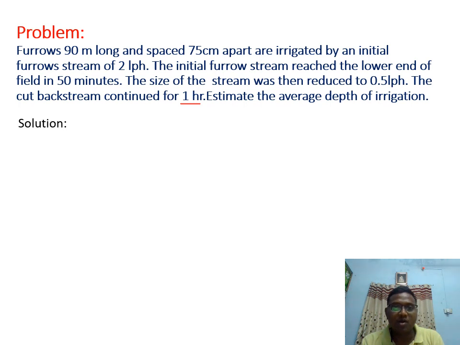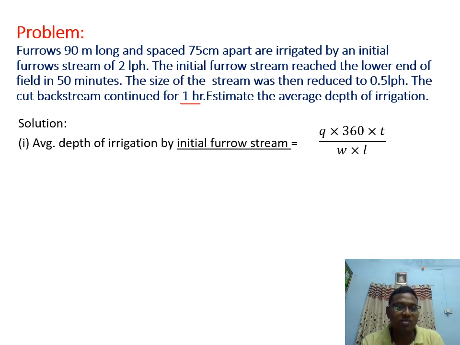We have to calculate the average depth in two parts. First is the average depth of irrigation by the initial furrow stream, using the same formula, Q into 360 into T divided by W L. The discharge Q for the initial furrow stream is 2 lps.